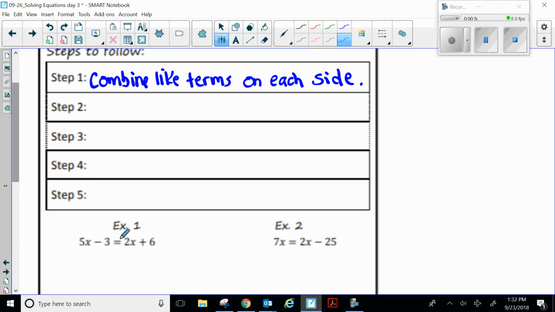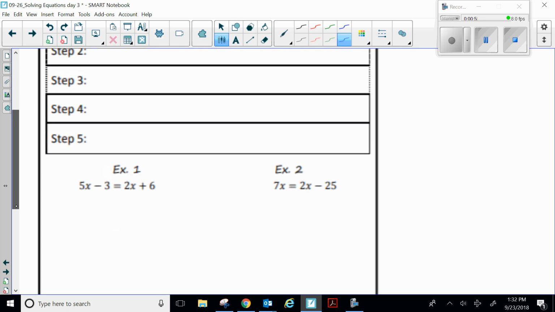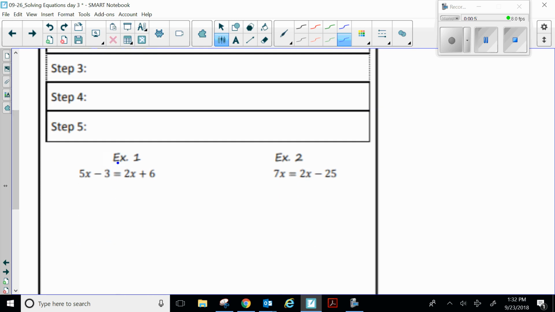So when I'm talking sides, I'm talking on each side of my equal sign. So often people like to draw a line so that we can divide into two sides. Let me make that a little straighter. So that can help us look to see if we have like terms on each side.